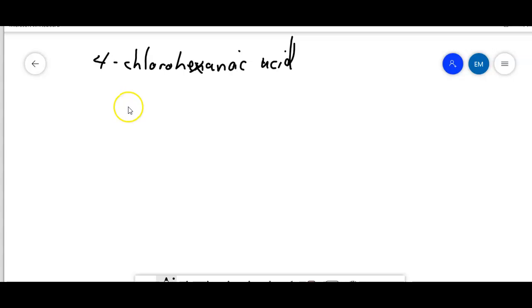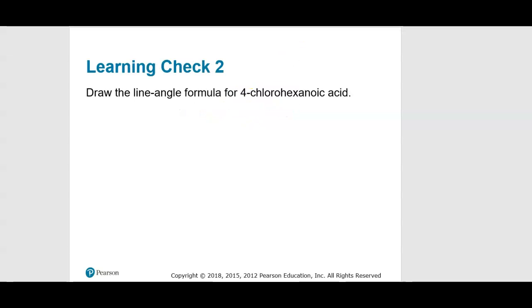Okay, so what does this tell you? Okay, we know that it's an oic acid. Hexanoic, so there's 6 carbons. And they're asking you for line angle, right?